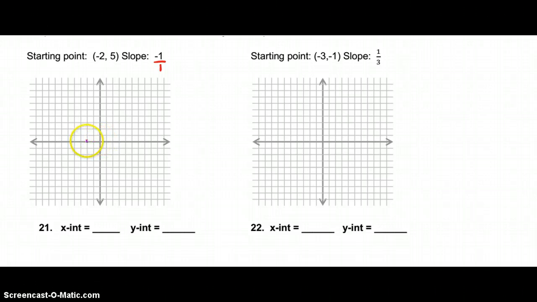So if I were to find -2, 1, 2, 3, 4, 5, there's my starting point. I'm going to fall and then run on this one because it is a negative slope. So do your counting. Where did you hit the x? Where did you hit the y?